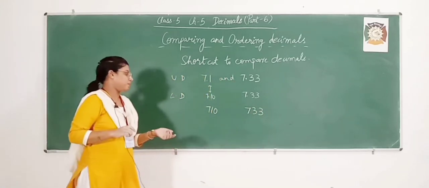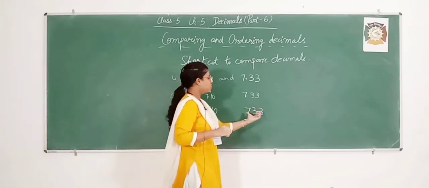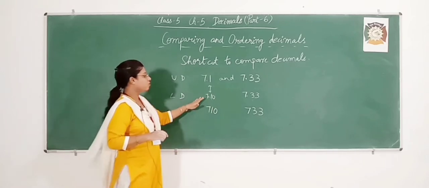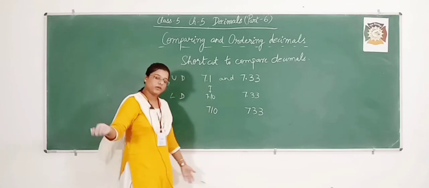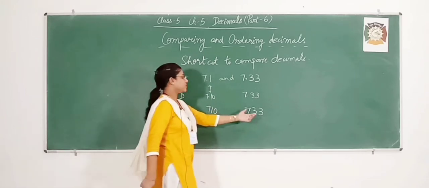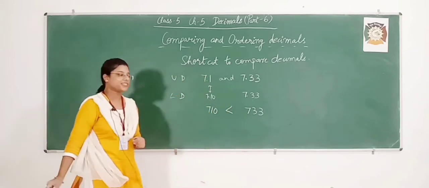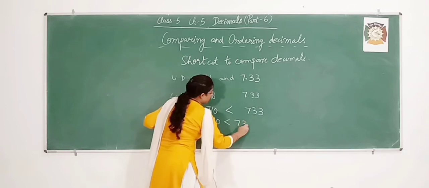By this you have obtained whole numbers. 710 is a whole number. 733 is also a whole number. You have removed the decimal point and obtained whole numbers. Now you can compare them. 733 is obviously greater than 710. So you will put a greater sign here, and 7.10 will be lesser than 7.33.